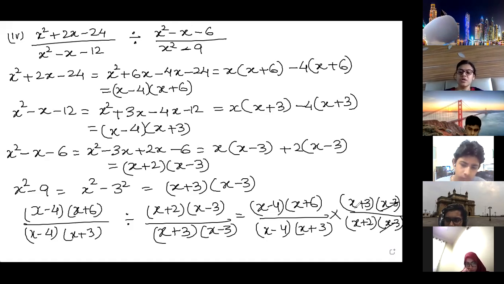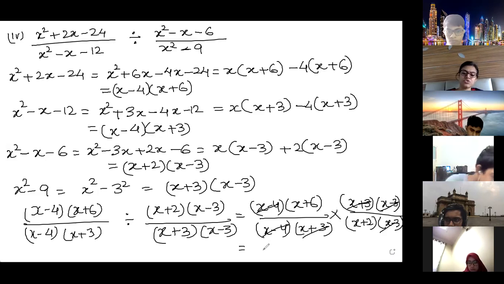So here, I got a hint that it was x plus 3 here and x minus 3 there. So that means some mistake was there. That is why it was not getting cancelled. So the answer is x plus 6 upon x plus 2.